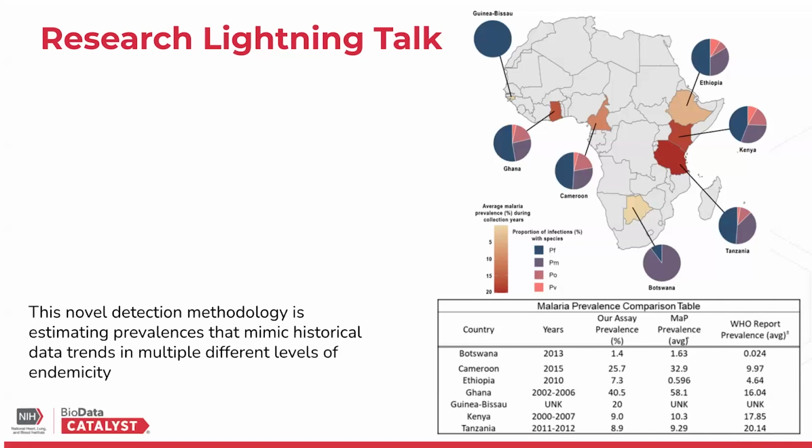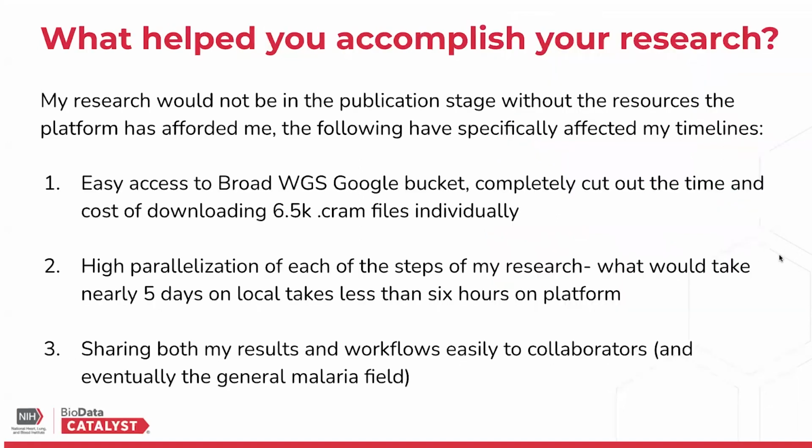As you can see in the column right there, most of our numbers fall directly in between these two, which just means that what we're finding really makes sense, and we're really confident in the pipeline that I built. So moving forward, next slide.